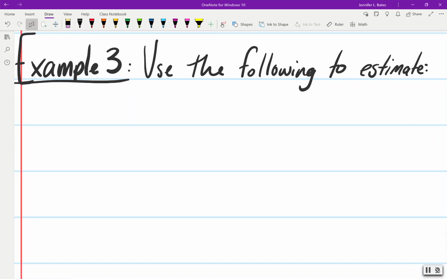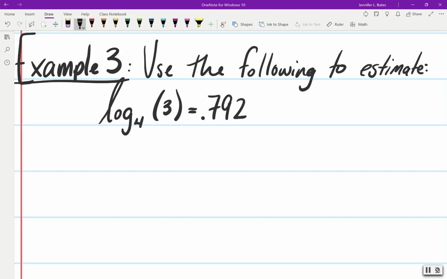And then we're given two pieces of information. The two pieces of information for these problems: log base 4 of 3 is equal to 0.7925, and they tell us that log base 4 of 2 is equal to 0.5.